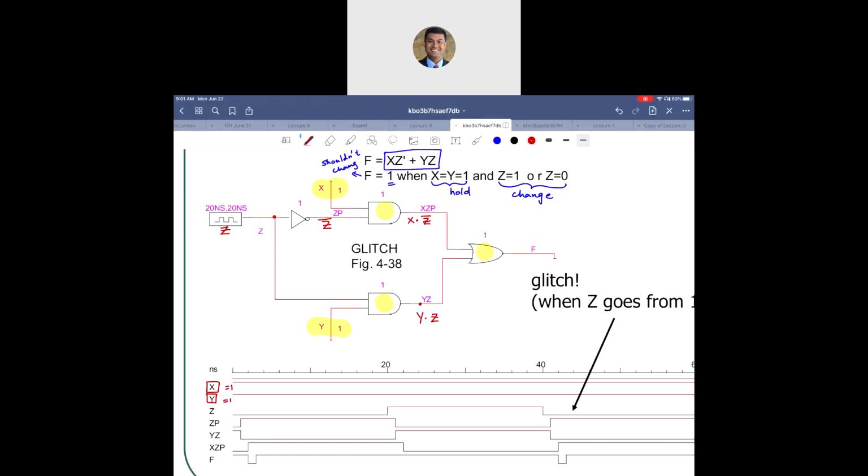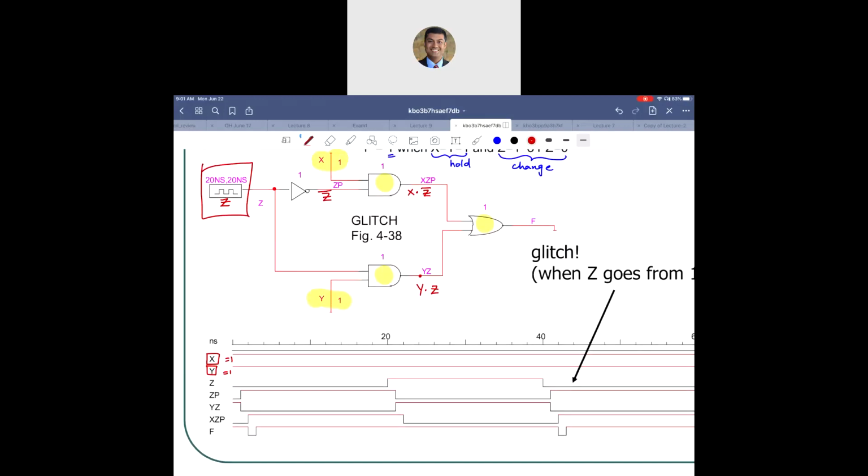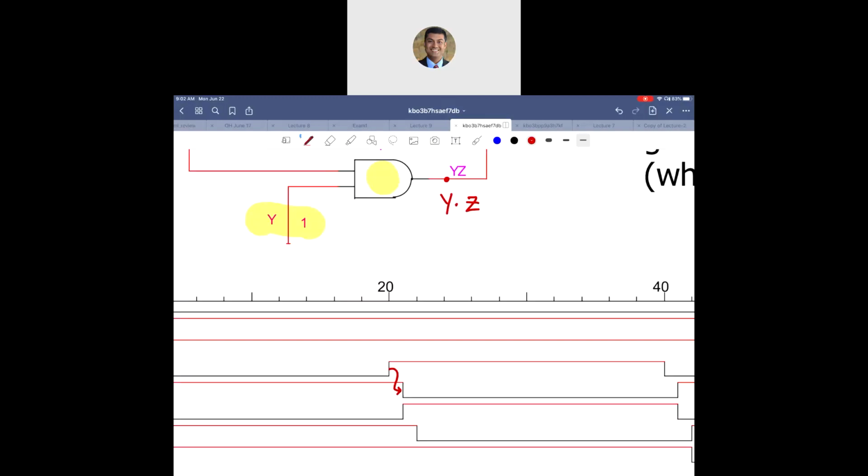So Z is changing. 20 nanoseconds it is off, 20 nanoseconds it is on, and it is periodic, a square wave. Now, as Z is changing, what would happen to Z prime or Z complement? That was also going to change. But because of the gate delay of the NOT gate, things will change slightly later, right? So if Z changes from 0 to 1 over here, Z prime changes from 1 to 0 at a slightly later time.